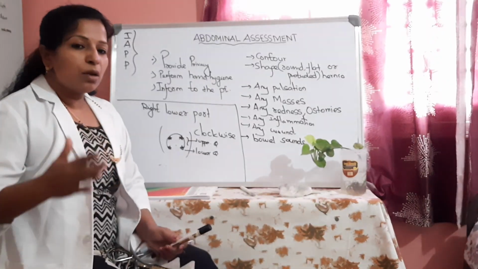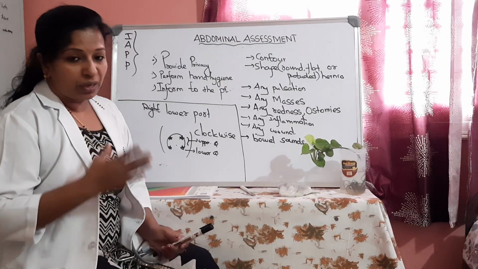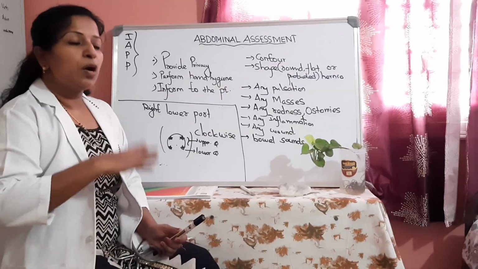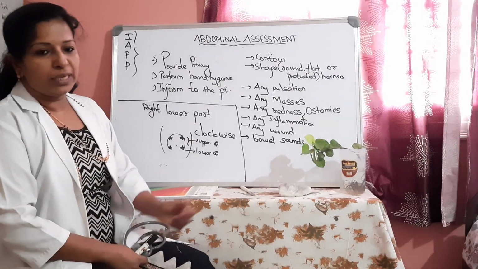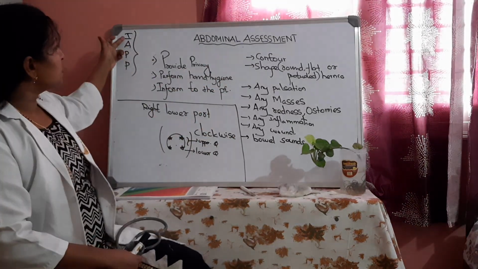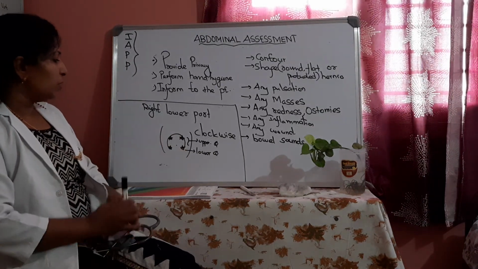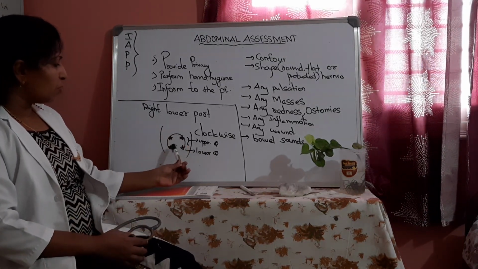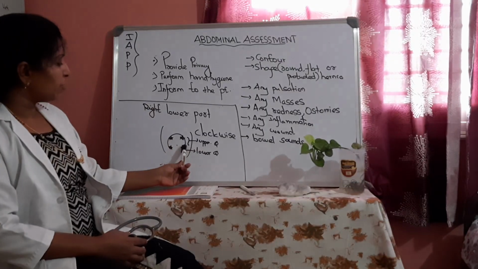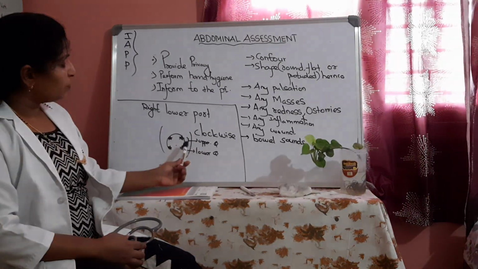Normally you can listen to 5 to 30 bowel sounds per minute. You have to auscultate the various parts of the abdomen. After inspection you have to auscultate the bowel sounds. In a clockwise direction you have to auscultate the four quadrants of the abdomen: right upper, right lower, left upper, and left lower.